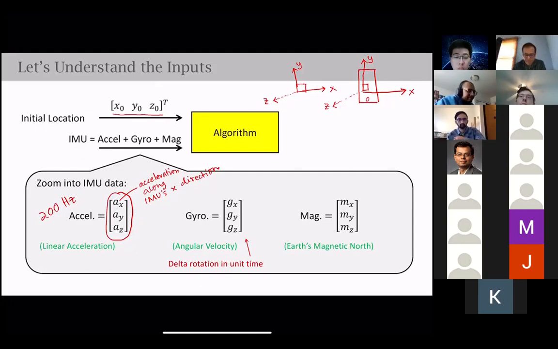Very good. The gyroscope data also gives you a three-dimensional vector, Gx, Gy, Gz, which says the angular velocity of the IMU around the x-axis.